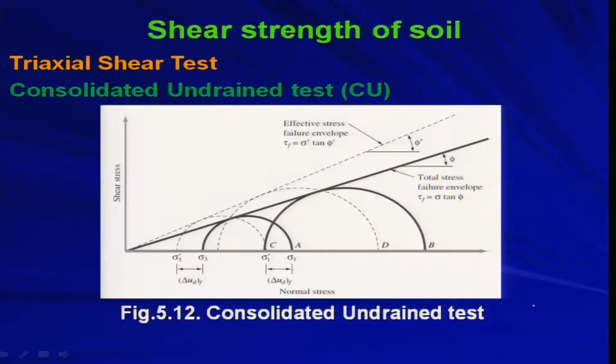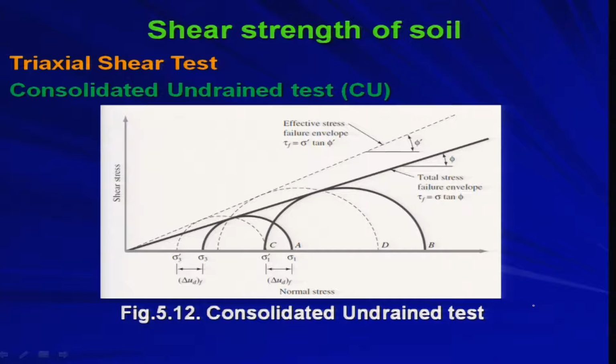Now, if you try to plot what you have obtained from this consolidated undrained triaxial test, the shear stress versus normal stress graph will look like this.